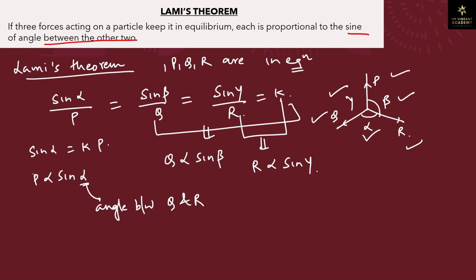We have taken P, so the other two are Q and R. We have taken Q, so the other two are P and R. So beta is the angle between P and R. Similarly, for sine gamma, gamma is the angle between P and Q.